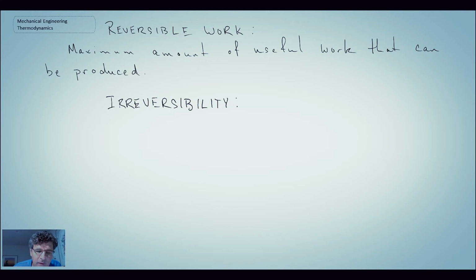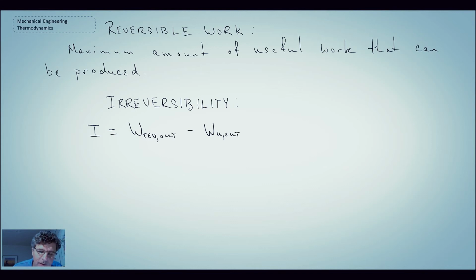And irreversibility would be defined in two ways depending on if we are looking at a system that is producing work or a system that we are doing work on. And so taking a look at the first, where we have a system that produces work, irreversibility would be reversible work out minus useful work out.